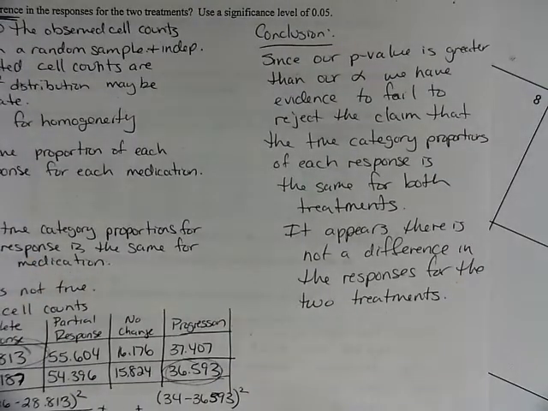Okay. Now, if we rejected, we would say it looks like there is a difference. Again, we can't say where the difference is. We couldn't say, like, the number of people with no change is greater than this one. We just know they're either the same or they're not. Okay. Questions on that one?